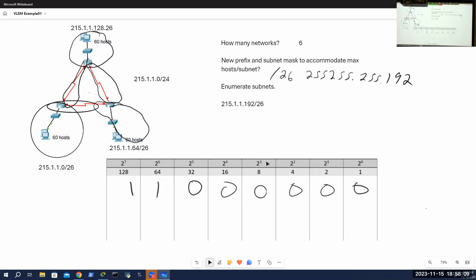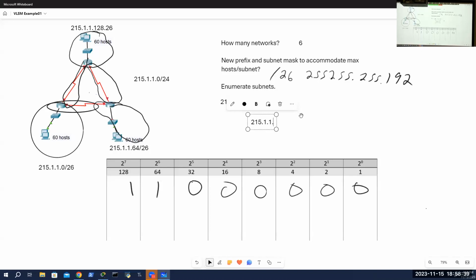And so you could basically say, well, let's make the biggest LANs that we can at first and reserve those. And so if we just add a bit, then we get 2 networks out of that. What was it, 64, 192, right?